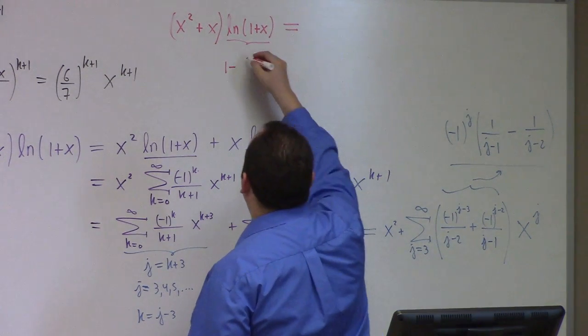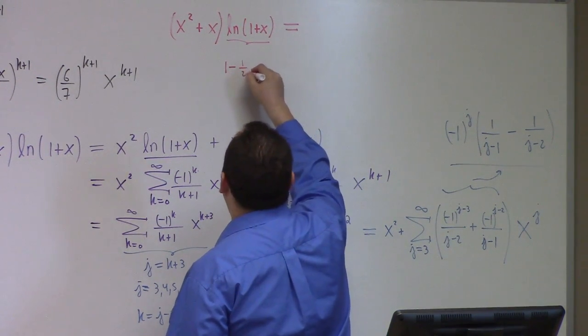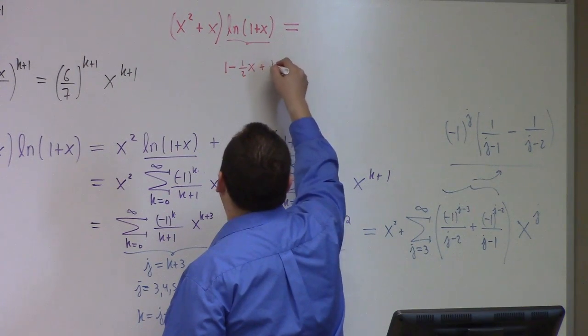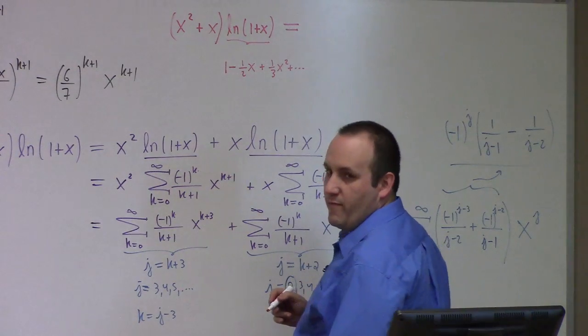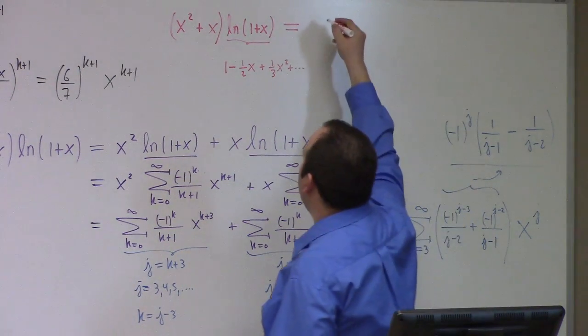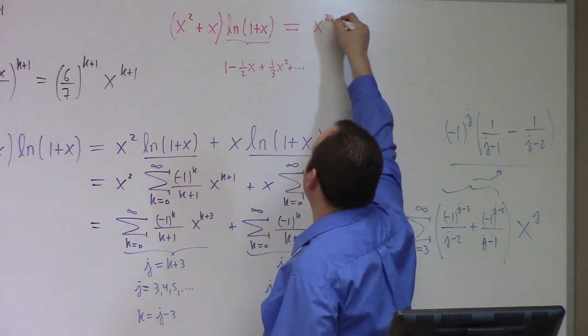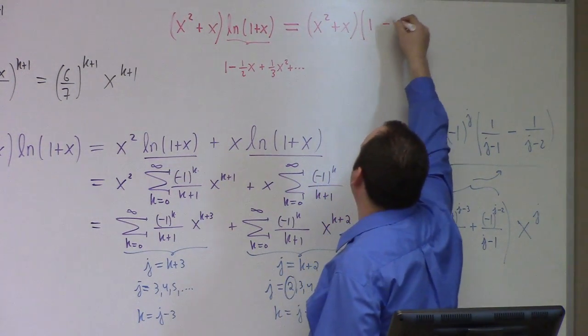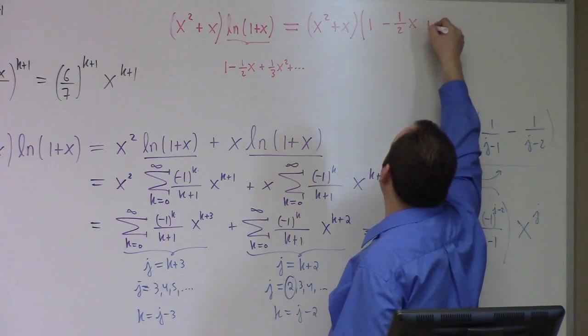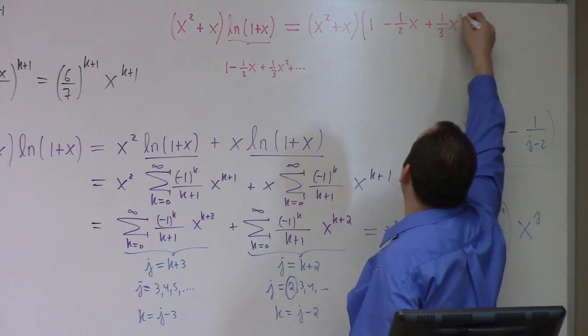I think it's 1 minus 1/2 x, isn't it? Plus 1/3 x squared. Yeah. So this would be x squared plus x. 1 minus 1/2 x plus 1/3 x cubed.